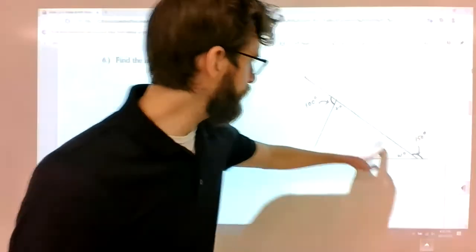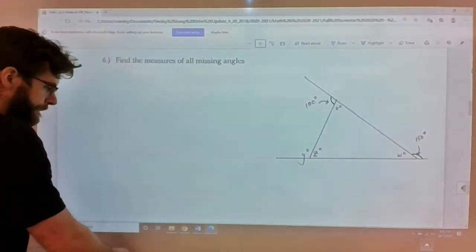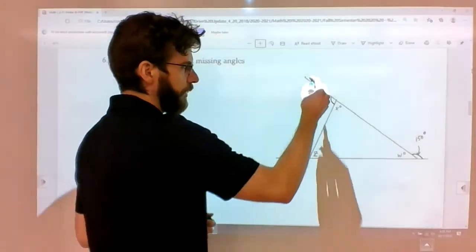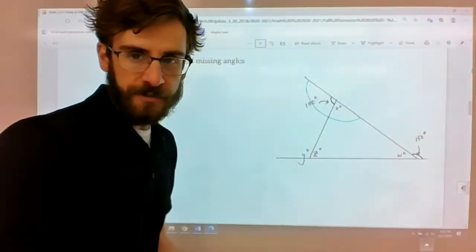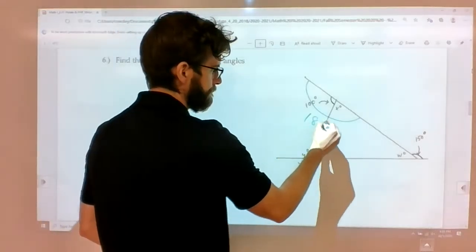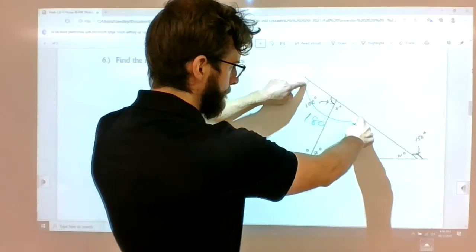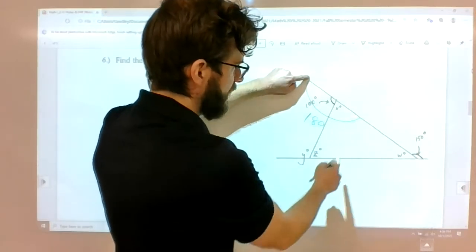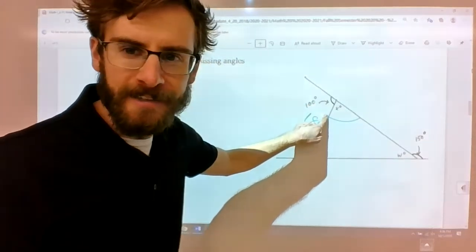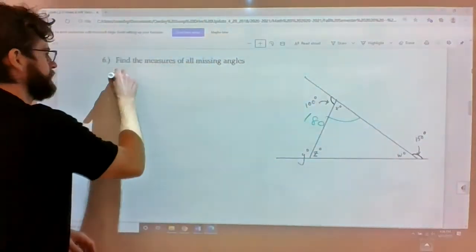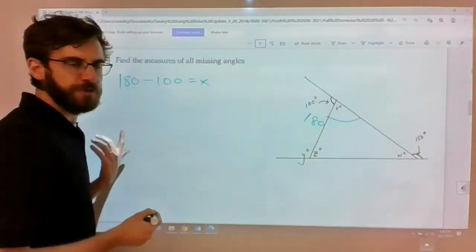We have W, X, Y, Z. So first of all, recognize that this right here is 180 degrees. So if we take 180, subtract 100, you get X. So X is equal to 80.